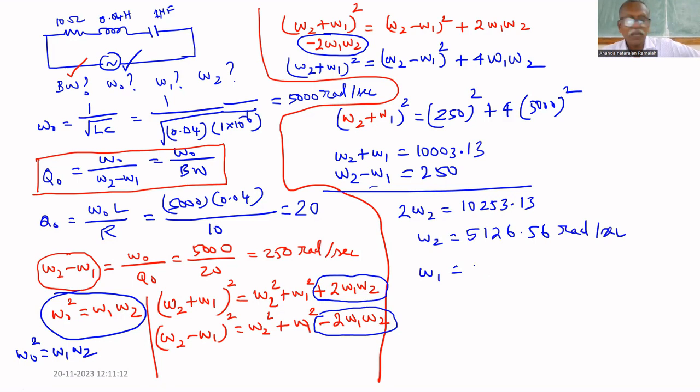Okay. Omega 1 equal to 4,876.5 radians per second. So we got omega 1, omega 2 also.